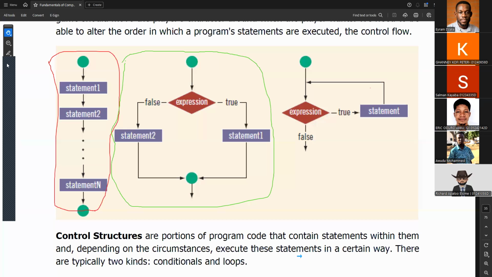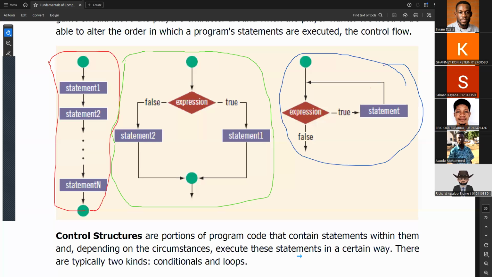And then finally, we have the loops. Okay. So with the loops, there's also a condition.